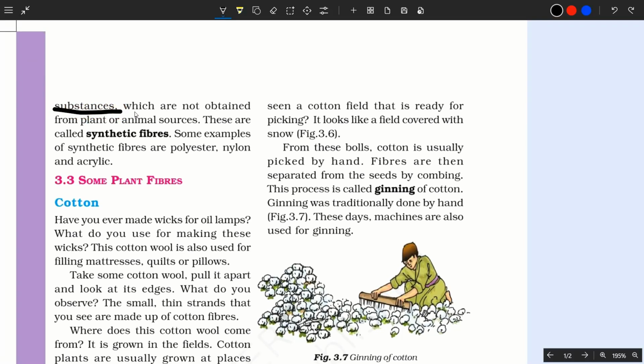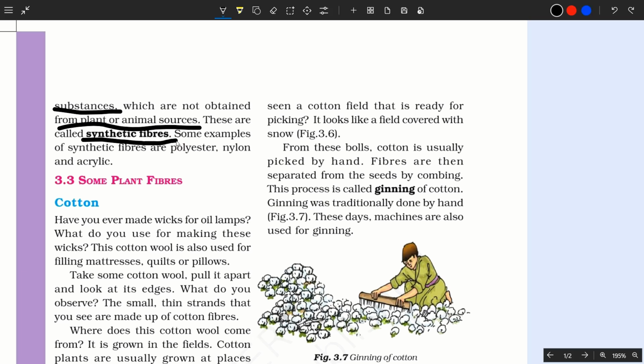Substances which are not obtained from plant or animal sources are synthetic fibers. They are not coming from nature, like animals or plants. They are not natural ones, so they are called synthetic fabrics.